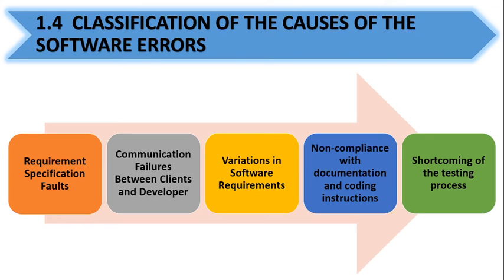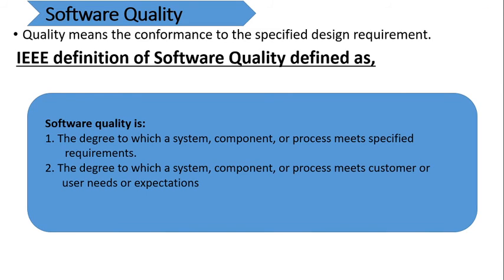The second one is communication failure between client and developers. Errors can also occur in intermediary software products due to poor communication and understanding between the software developer and client from the outset of the software project.